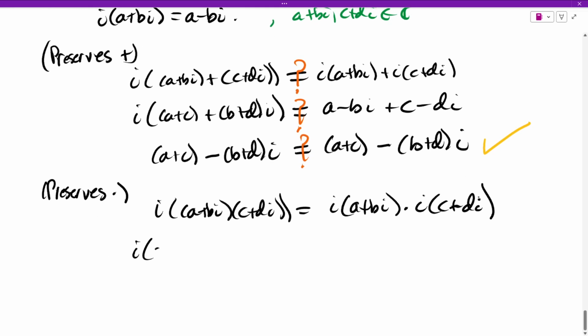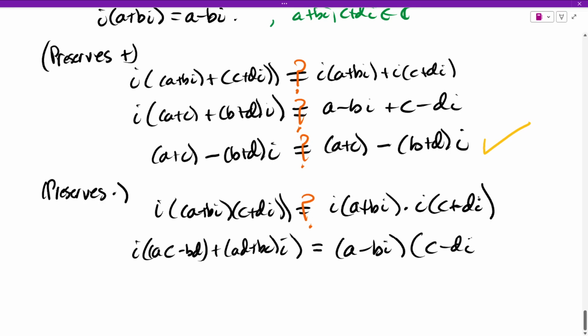On the left-hand side, the product inside of iota is ac minus bd plus (ad plus bc)i. And this is a question, of course. On the right-hand side, we just plug into iota first, so we get a minus bi times c minus di.